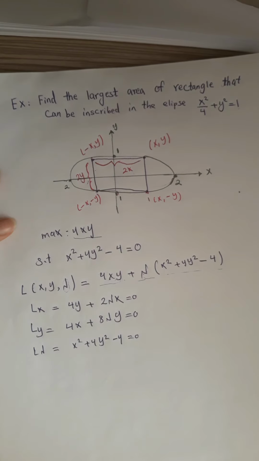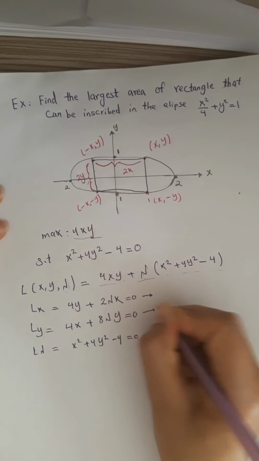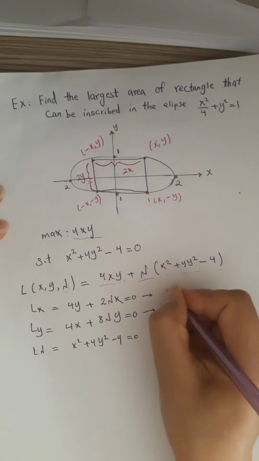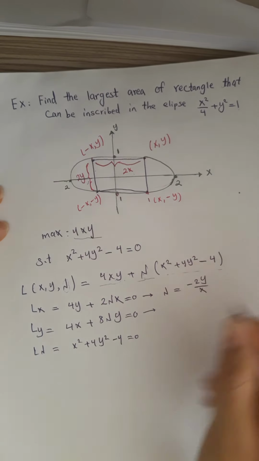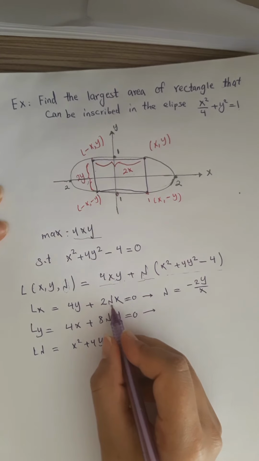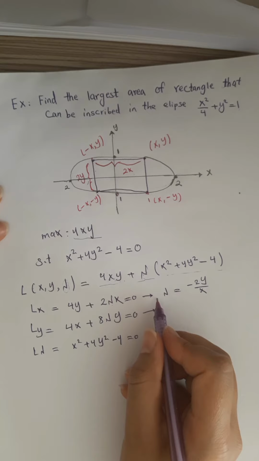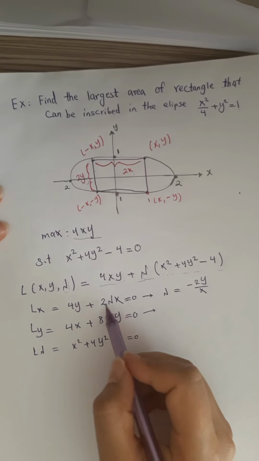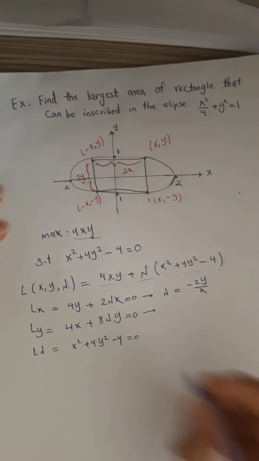Now from here, first of all, I'll find the lambda only. What's lambda equal to? Because I'll put it equal to 0. Now lambda is equal to minus 2y over x. As I bring this 4y to this side, it will be minus 4y over 2x, the 2 will be cancelled and minus 2y over x remains there.